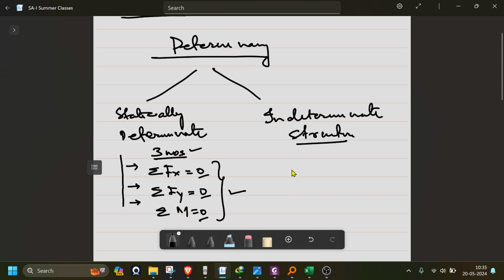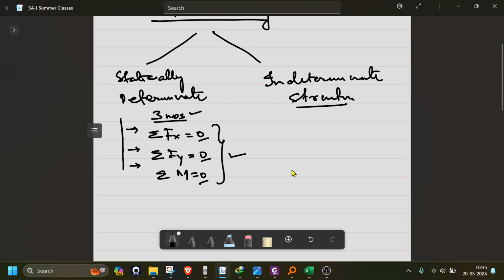Okay. So what are these indeterminate structures? These are the structures which require, apart from this equilibrium equation, they need some more number of equations in order to solve them, right?